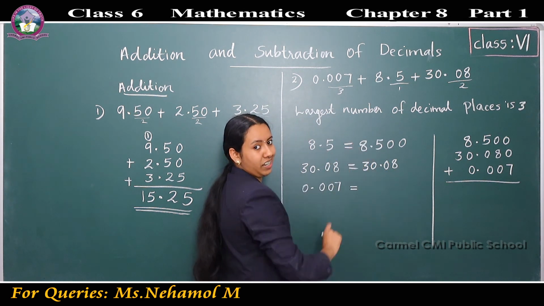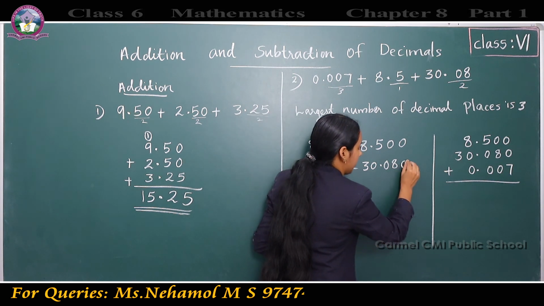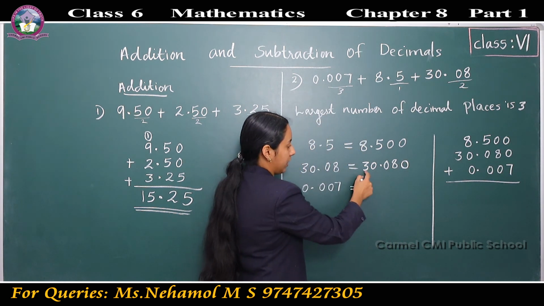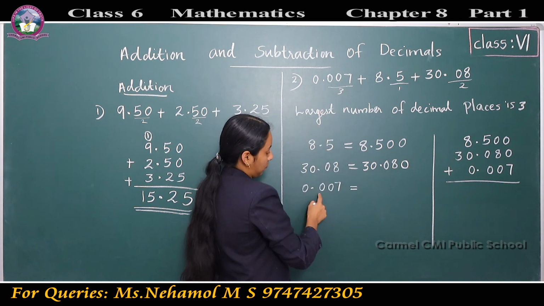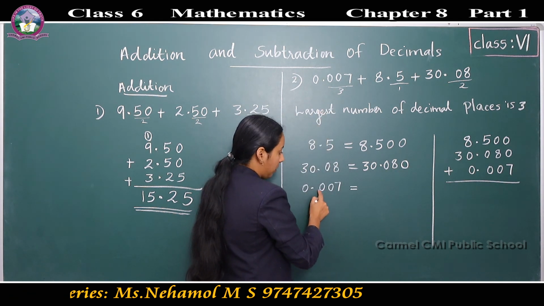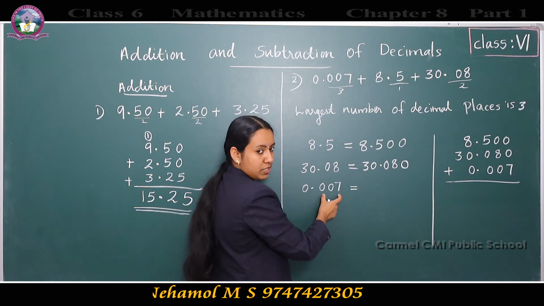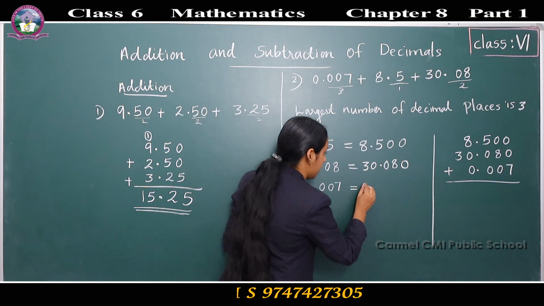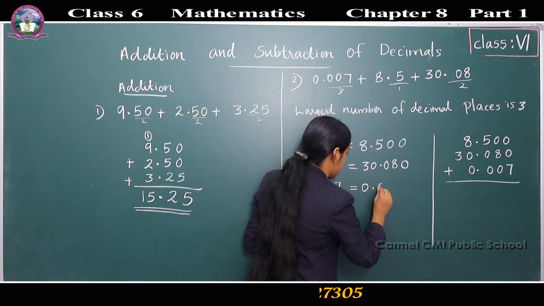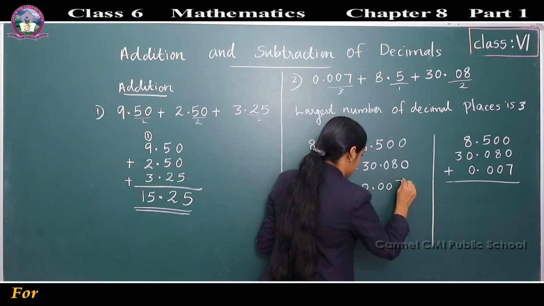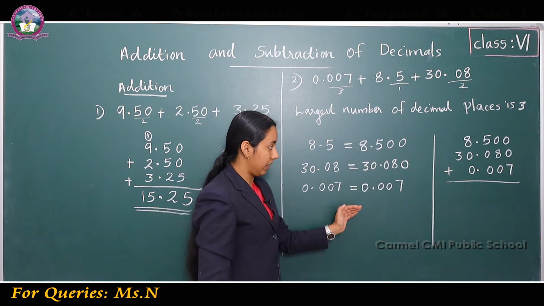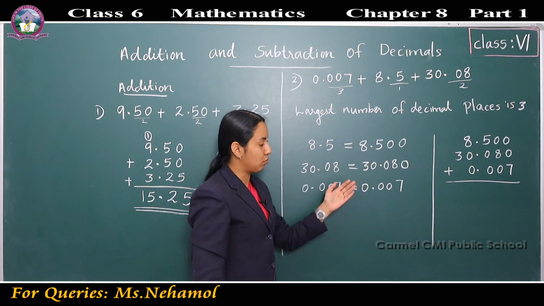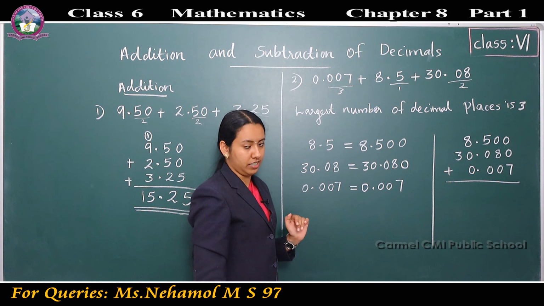We need 3 decimal places. So add 1 zero at last. 30.080. What about this number? 0.007. Already 3 decimal places are there, so no need to change. Now 3 decimal places are there in all the numbers, so we can directly add the numbers.